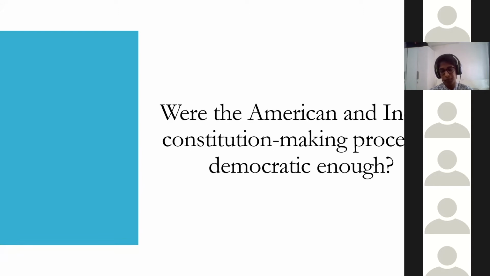So having processes in the constitution which allow for development or progress in terms of representation or any other matters, doesn't that make the constitution making process democratic enough? If we think about it that way, then yes. But if we limit it to just the adoption, then the answer is no.